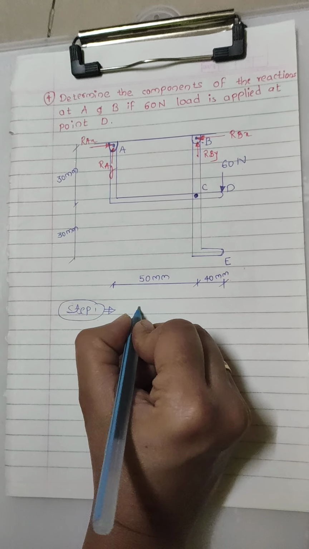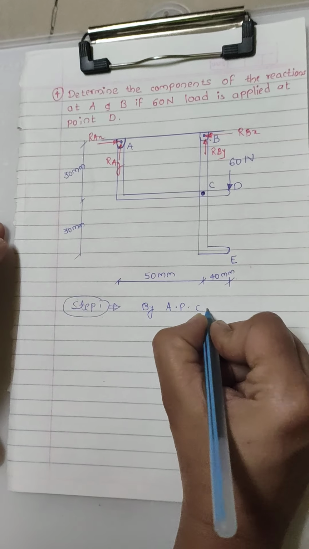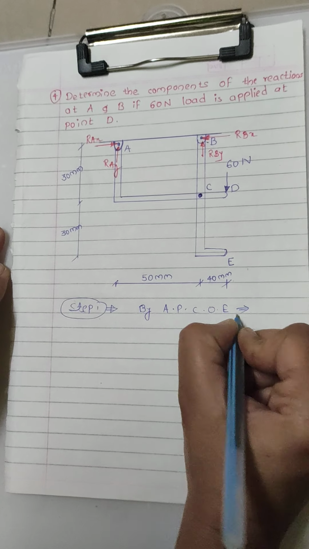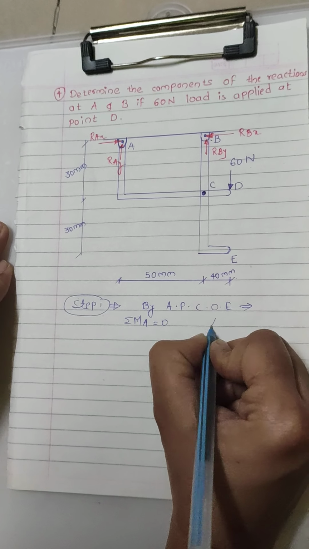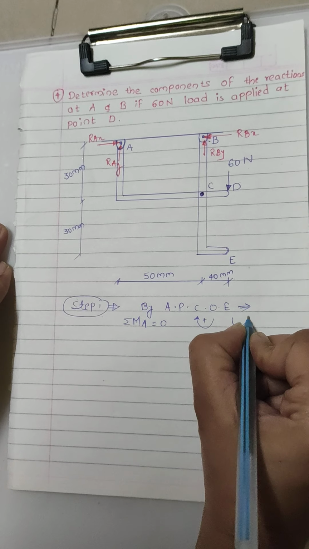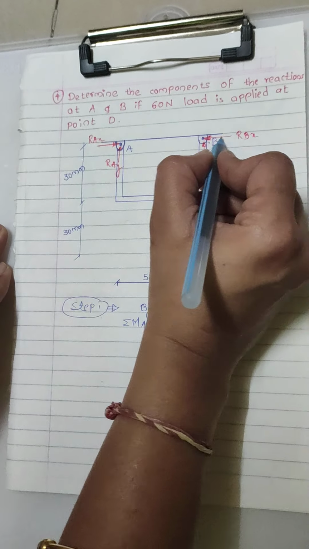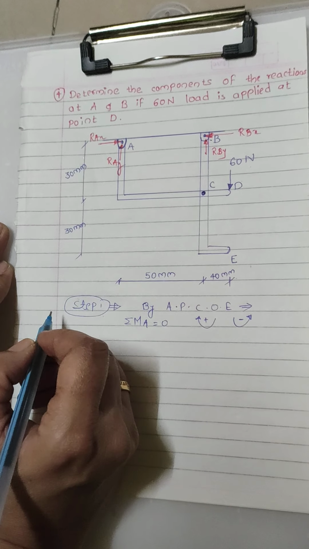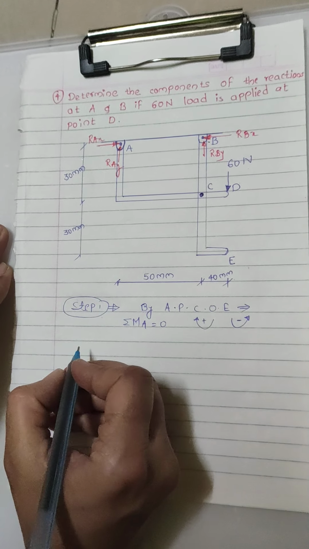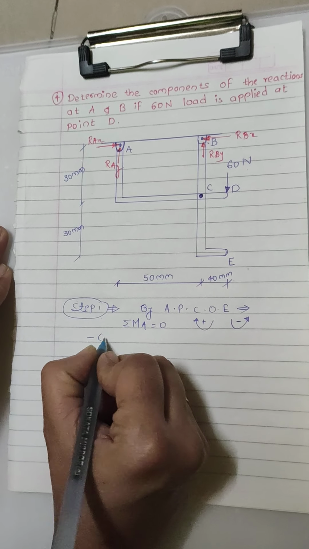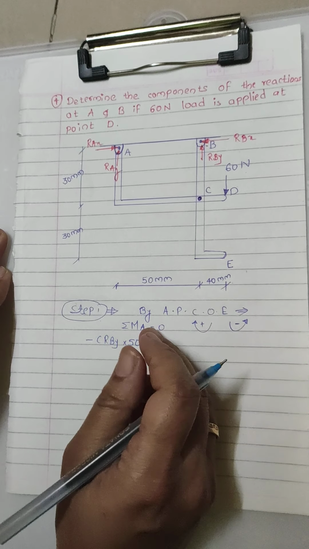So by applying conditions of equilibrium, I am taking moment at A equals 0, clockwise positive, anti-clockwise negative. RAX, RAY and RBX at A will be 0, and RBY at A will be RBY into 50, and it is acting anti-clockwise, so it is taken as minus.